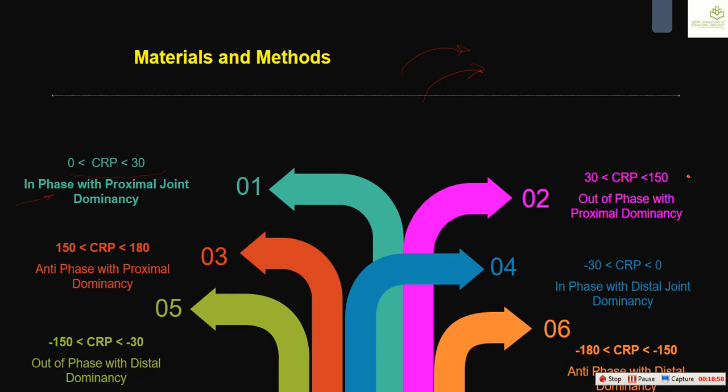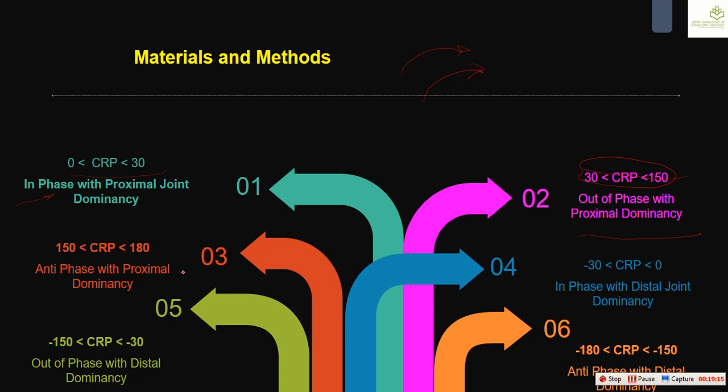If CRP is between 30 and 150 degrees, it means that the movement of the two joints is out of phase with proximal dominancy.